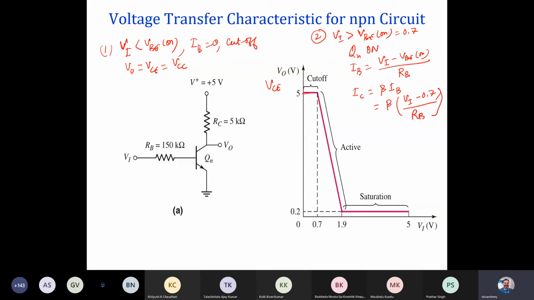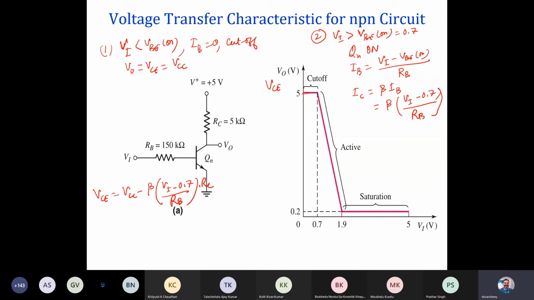That's IC, get it? And we can also find out VCE. VCE is VCC minus IC RC. So IC is this number, beta times Vi minus 0.7 divided by RB, times RC.